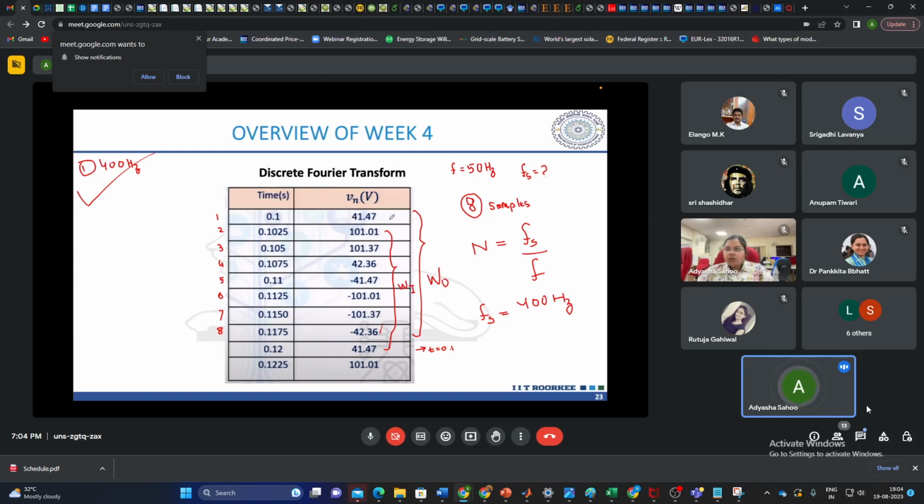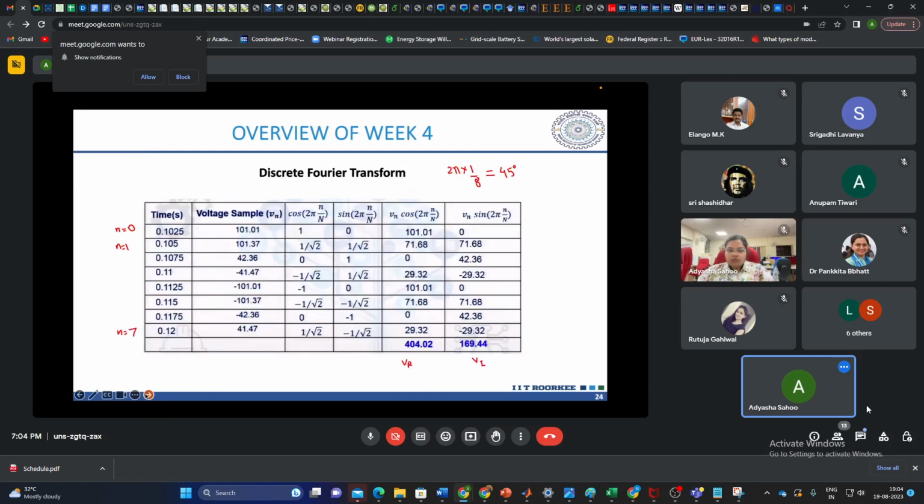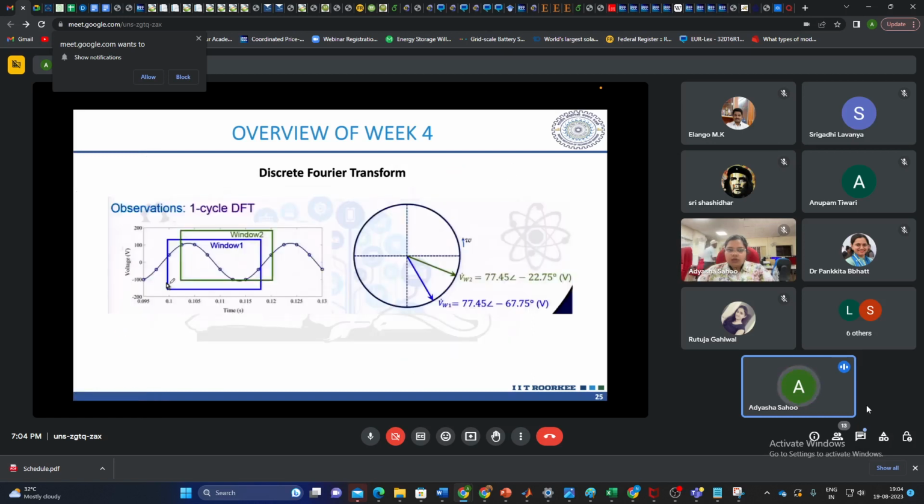Means from here we rejected one data sample and added a sample here. So basically from 0.1 to here 0.11575, and then this second window.